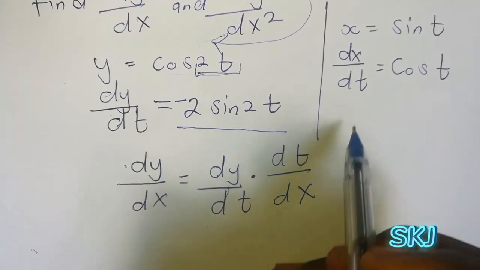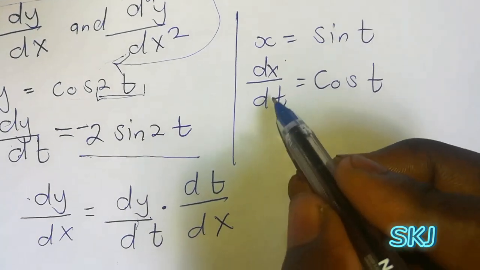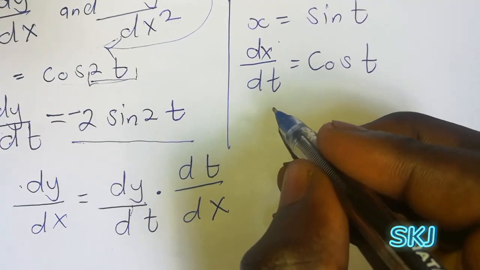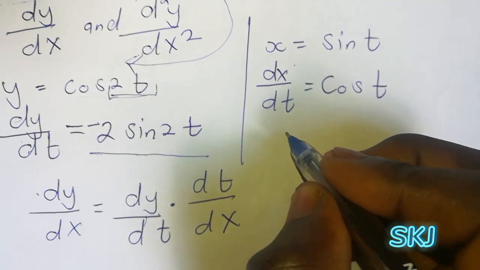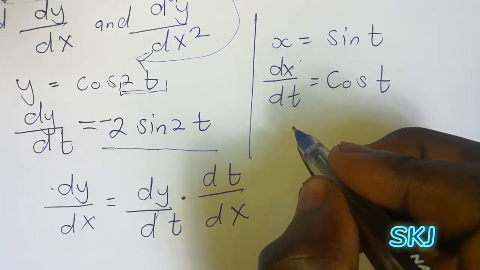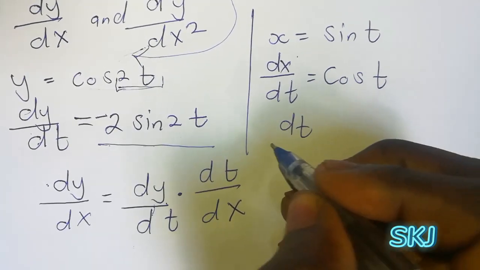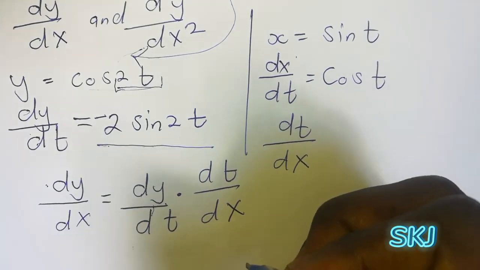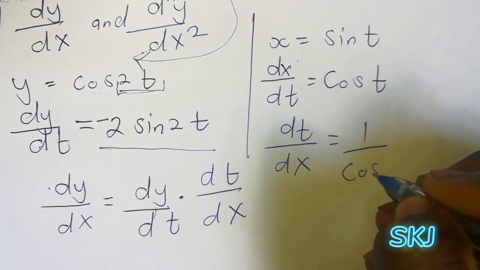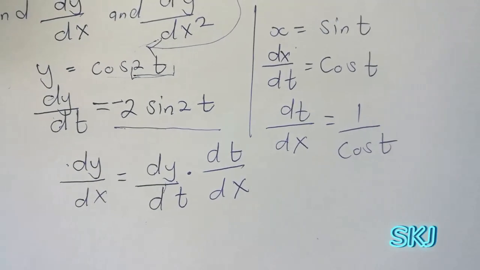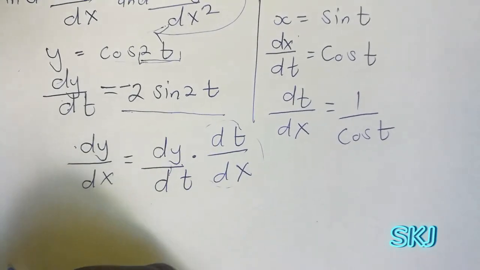We don't have dt/dx, but we have dx/dt, which means we find the reciprocal, which everyone knows from primary school. It will be dt/dx equals 1 over cos t.